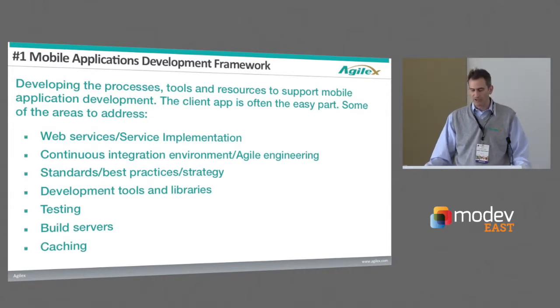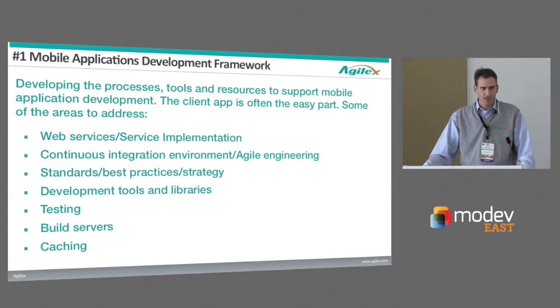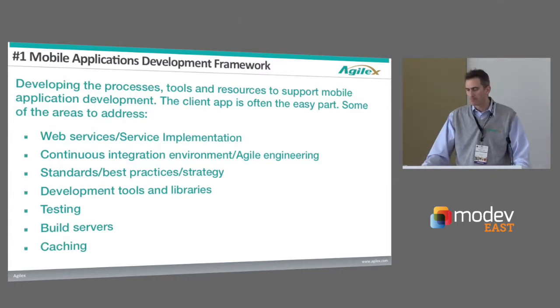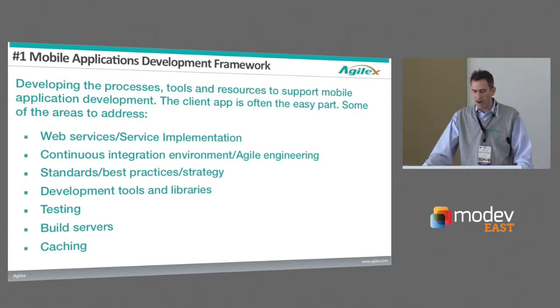Obviously standards, best practices, and your strategy, defining those key standards that are critical for application development, whether it's UI, UX, caching, even web services. The development tools and libraries: what frameworks do we want to use? What libraries do we want to offer for the enterprise?